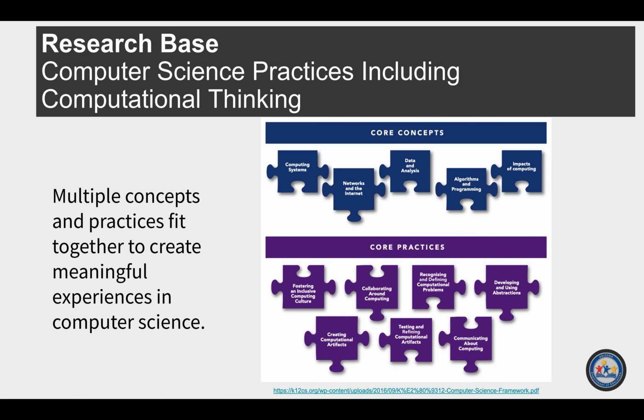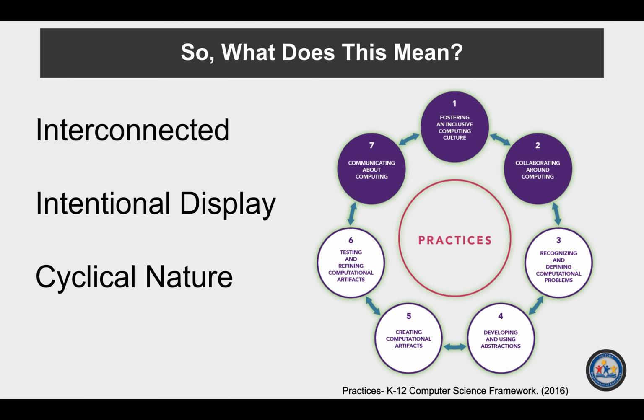The concepts and practices fit together to create meaningful computer science experiences for all learners. In addition to describing the progression of the standards, the narratives within the standards also provide some examples of the interrelatedness of the practice statements and the ways in which these statements build upon one another.